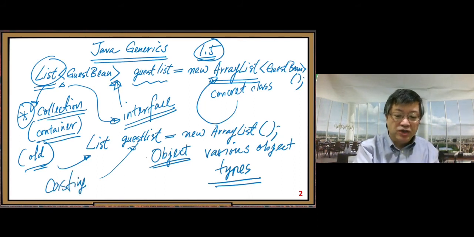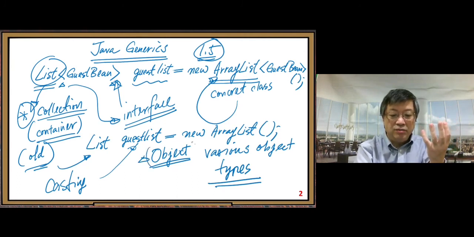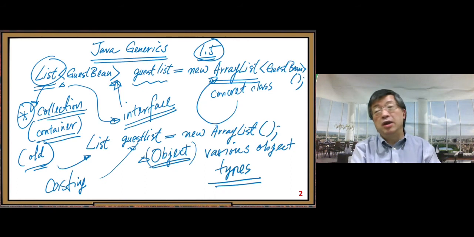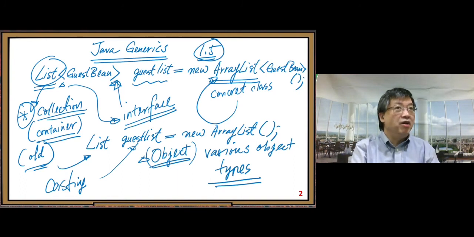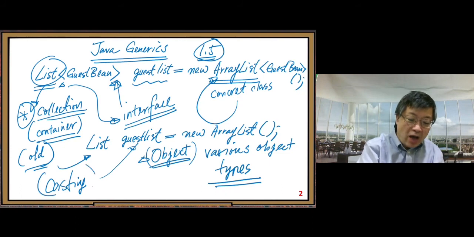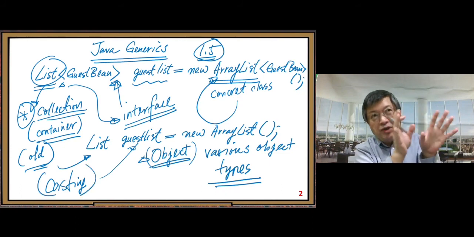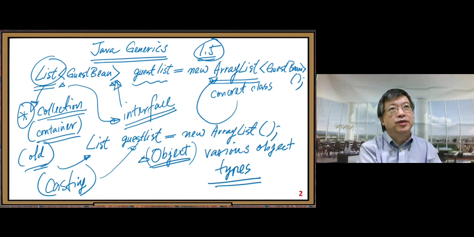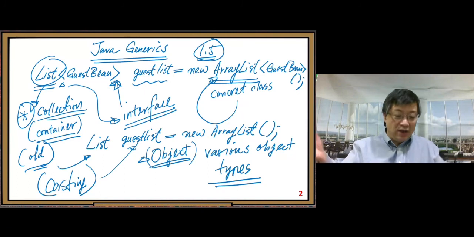Because if you do not cast, you will get the Object type, and you cannot do your business, since the Object type does not allow you to call the business methods. So you have to cast to your particular business subclass.